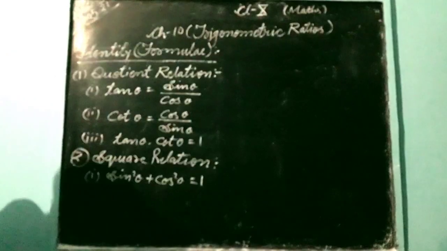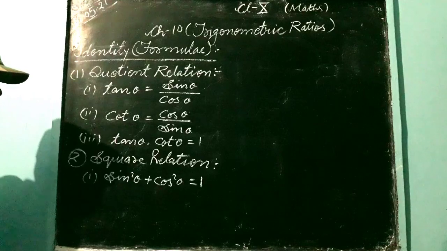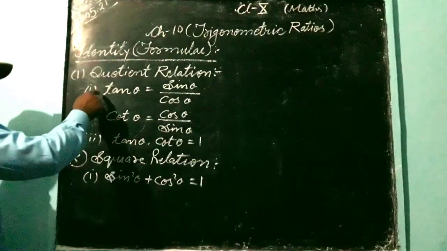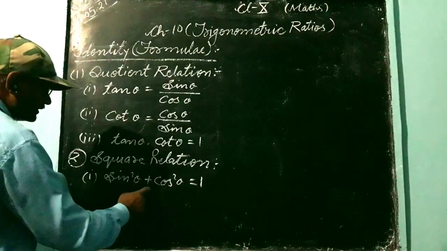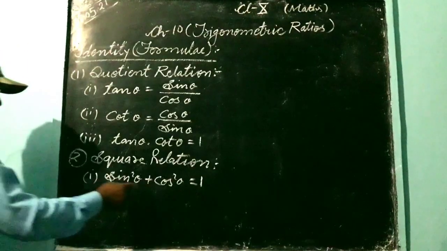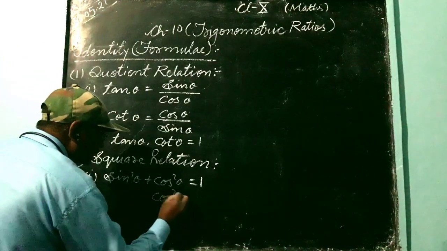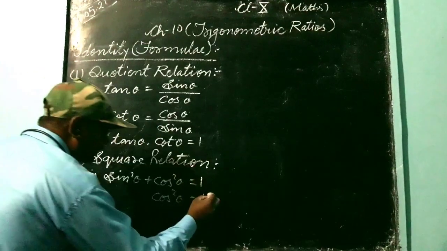And obviously very nice marks you will obtain, but when you learn all these. Sin square theta plus cos square theta is equal to 1. From this you can obtain cos square theta is equal to 1 minus sin square theta, transposing sin square theta.